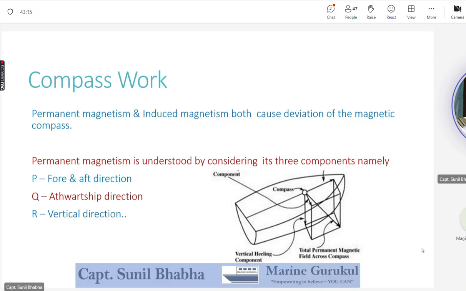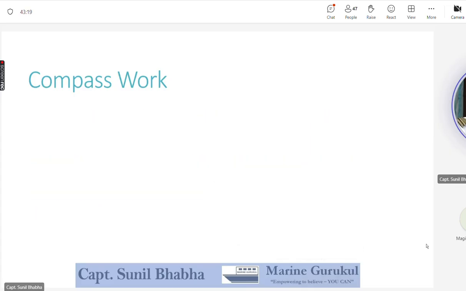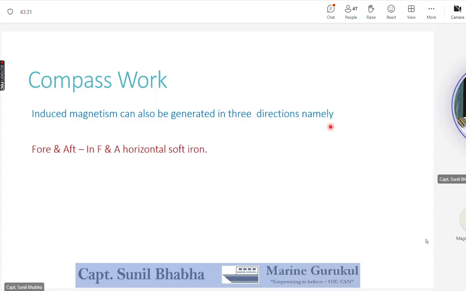Moving ahead now. The induced magnetism can also be generated in three different directions. You can have the induced magnetism generated in the fore and aft direction, in fore and aft horizontal soft iron. That could be a fore and aft longitudinal.